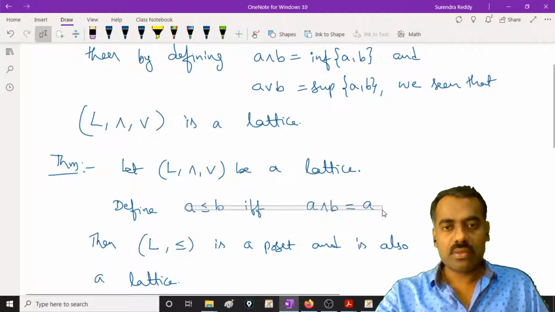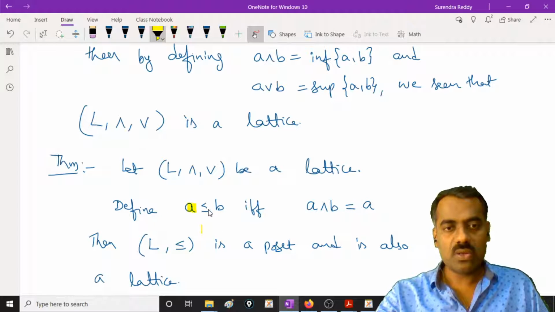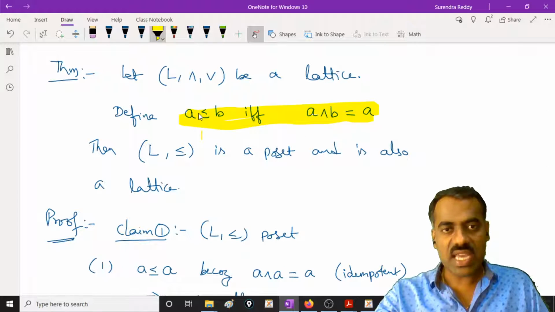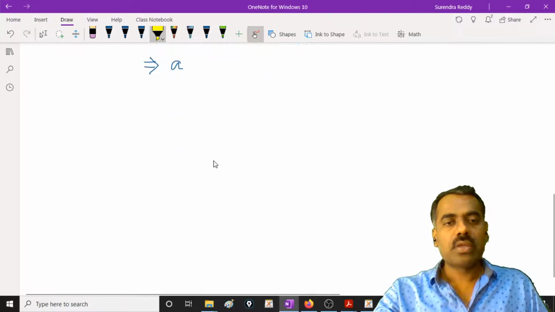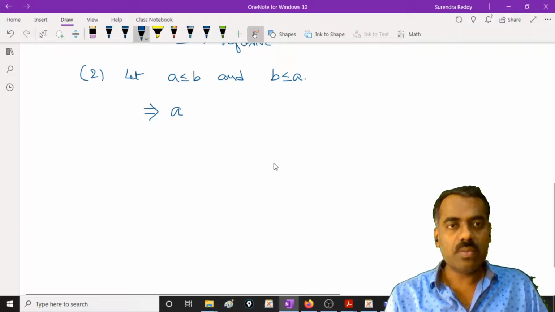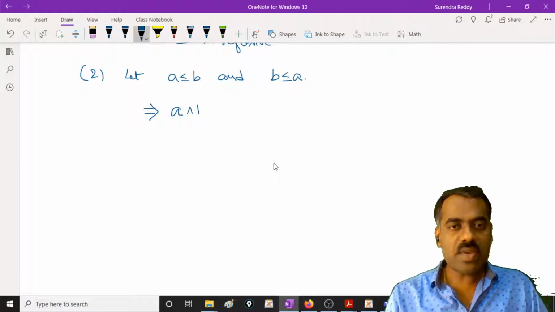Our relation is: A is less than or equal to B if and only if A meet B is equal to A. That means whenever this is given, we can use this, and whenever we know this, we can conclude this, right? So now A is less than or equal to B, we know. So if A is less than or equal to B, what does it mean? A meet B is the same as what?